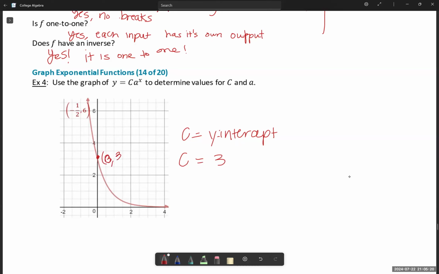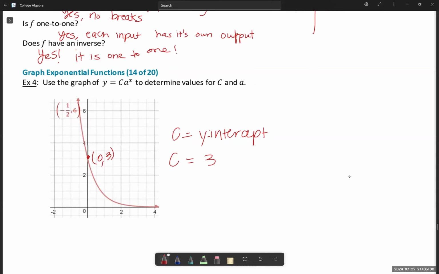Now, to get from one point to the next, that's what we need to figure out so that we can determine our growth rate. So I see another point here at 1, 3. I'm sorry, 1 and 1.5. It also gives us a point back here. That's not 1.